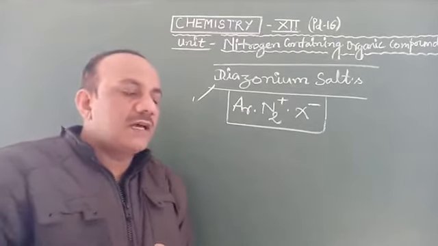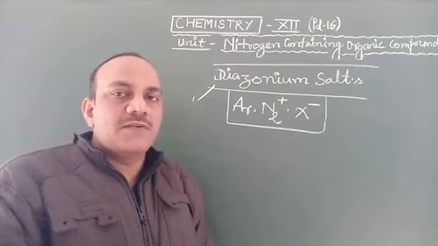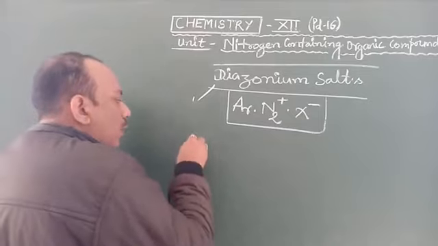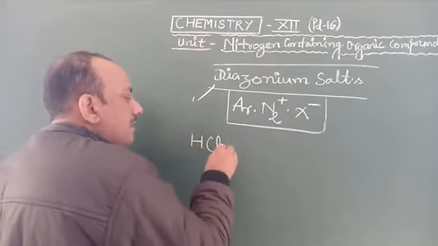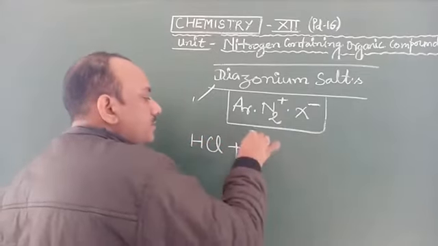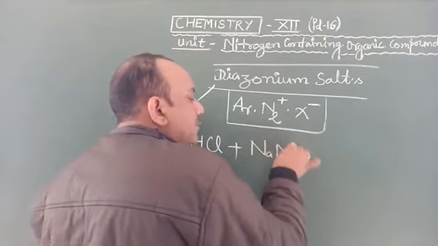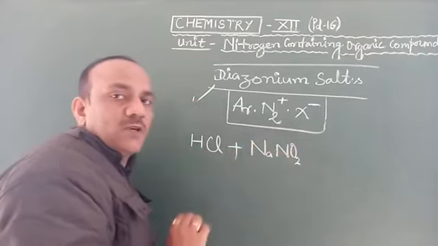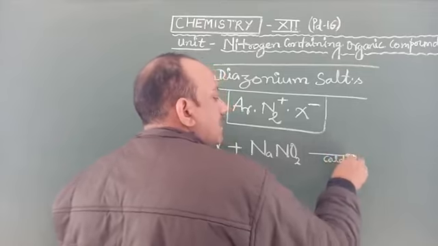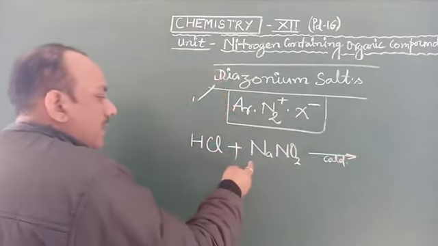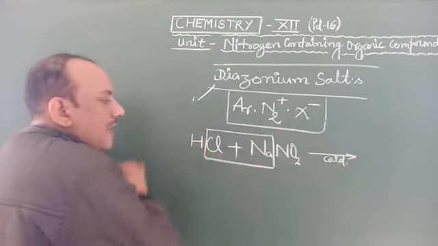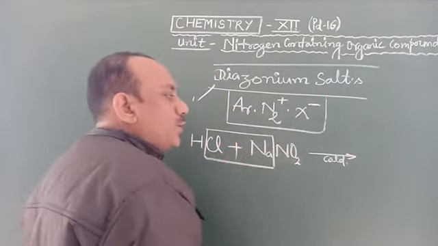So first we take the reaction of sodium nitrite with HCl. Here the formula of hydrochloric acid is HCl. It reacts with NaNO2 in a cold atmosphere. This gives a salt, NaCl, sodium chloride, and forms HNO2.